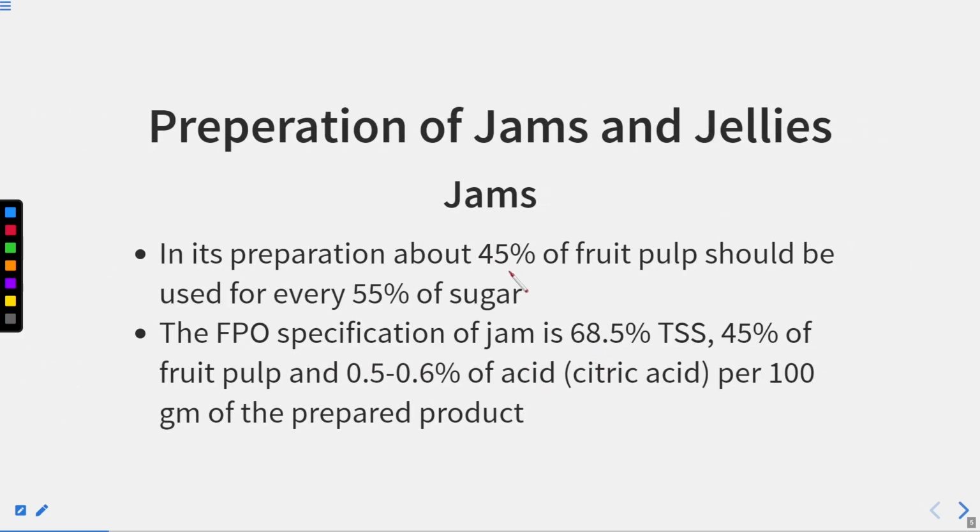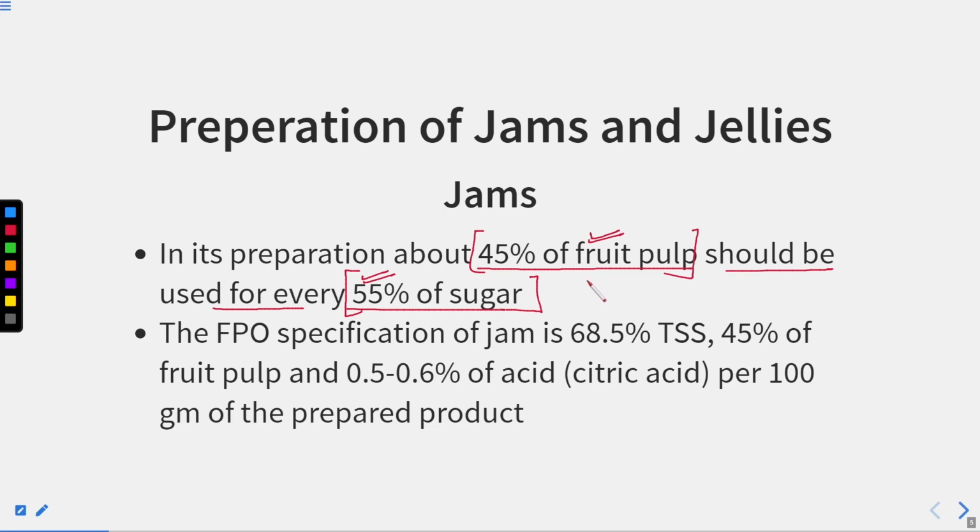In its preparation, about 45% of fruit pulp should be used for every 55% of sugar. So we are using 55% sugar and 45% fruit pulp. This is the composition of the jam.